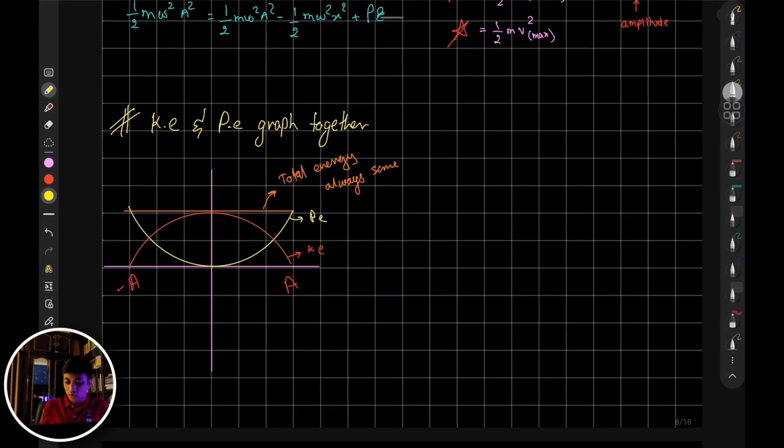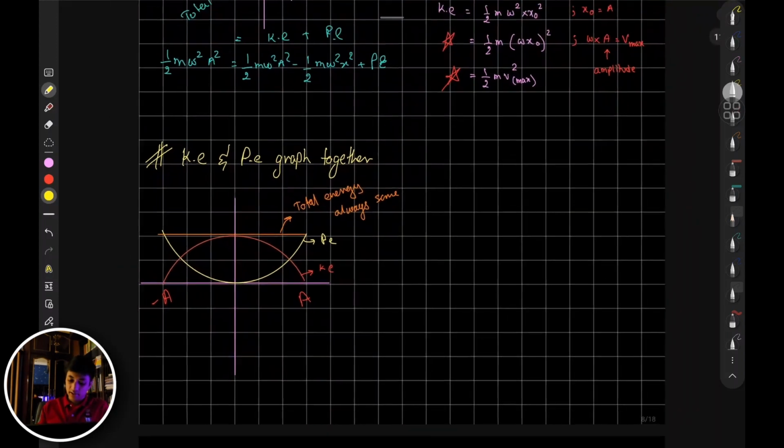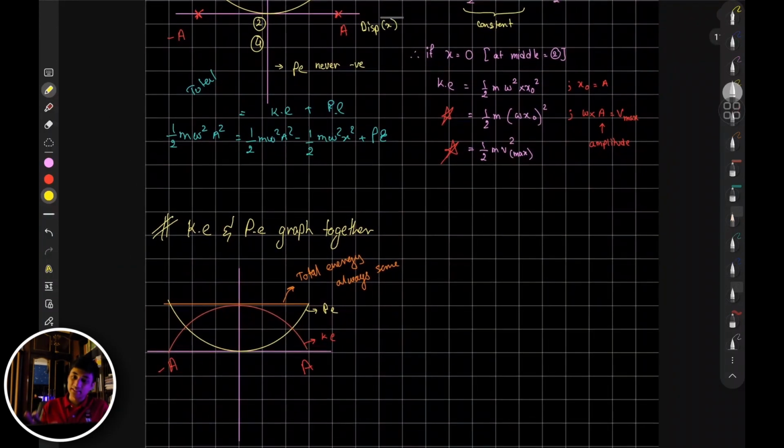Great. So this is the kinetic energy curve, the red one, and this is the potential energy curve, the yellow one. And the sum of both energies at any given point is this orange curve. Right, so that is how you get the energy curves against position.